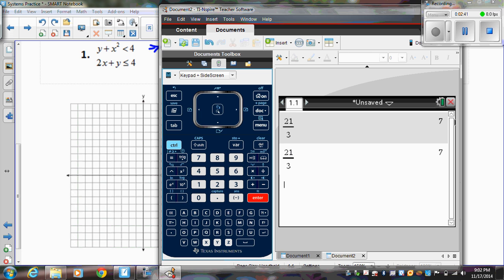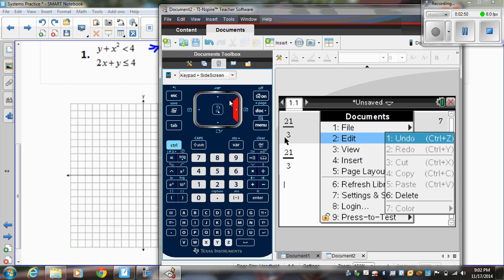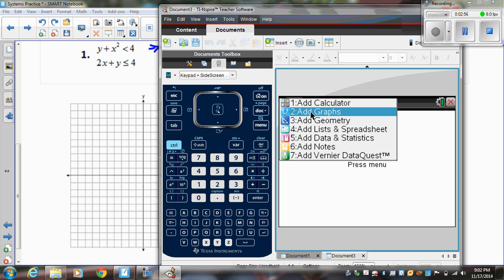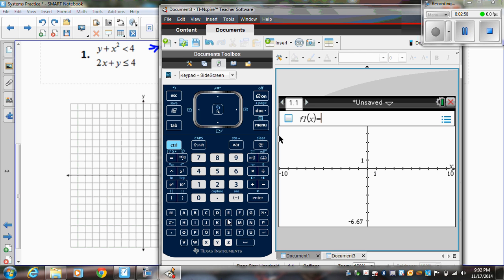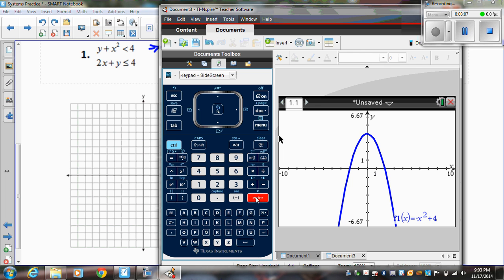I'm going to use the Inspire here. I'm going to open a new document, and I'm going to put graph in here. I'm going to put negative x squared plus 4 in. If I press enter, this is what the graph is going to look like.